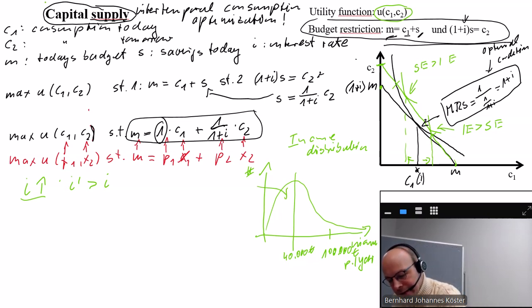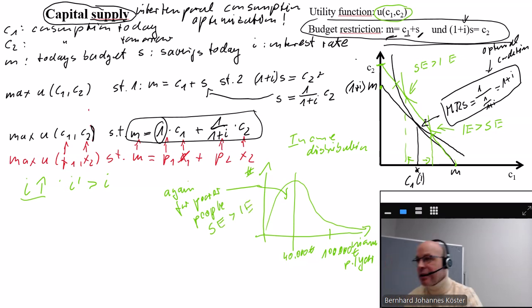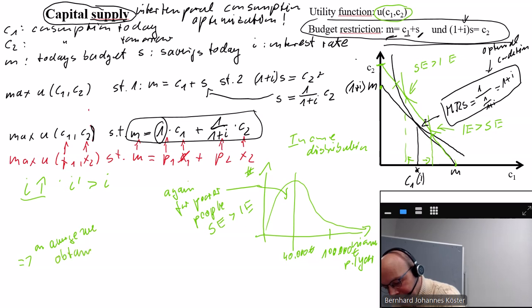So again, for poorer people, the substitution effect will be larger than the income effect, and then on average we obtain that K of I is positively depending on interest rates.